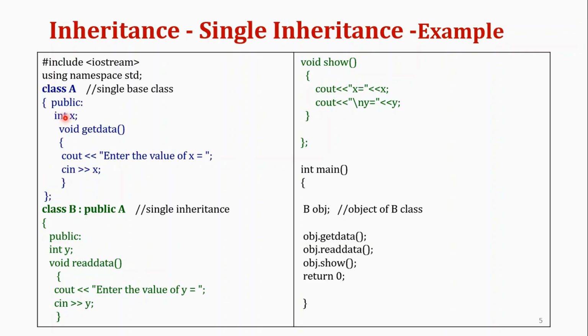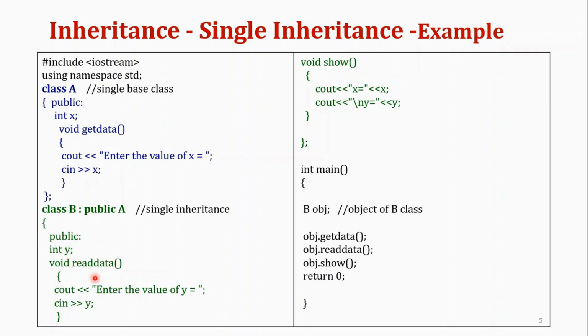Int x is the one member data, and getdata reads the value from the terminal. That is the end of the class. Class B is inheriting class A in public mode, so all the public members will be available here also. Int y and readdata are the member data and member function of class B. In addition to this, all the public members are readily available in class B in public mode.